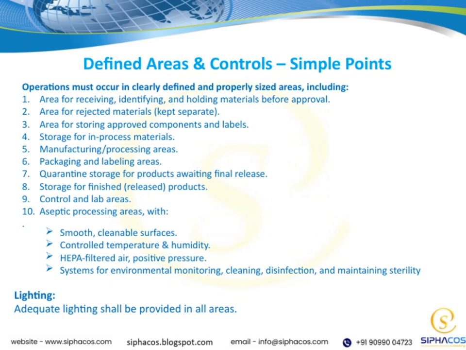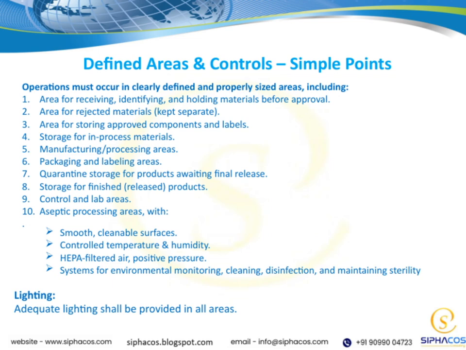Moving on to the layout, operations must occur in clearly defined, properly sized areas. For example, there should be a dedicated space for receiving, identifying, and holding materials before they are approved. Rejected materials should be kept separate in a designated area to prevent cross-contamination. Approved components and labels need their own storage areas, along with spaces for storing in-process materials and finished, released products.